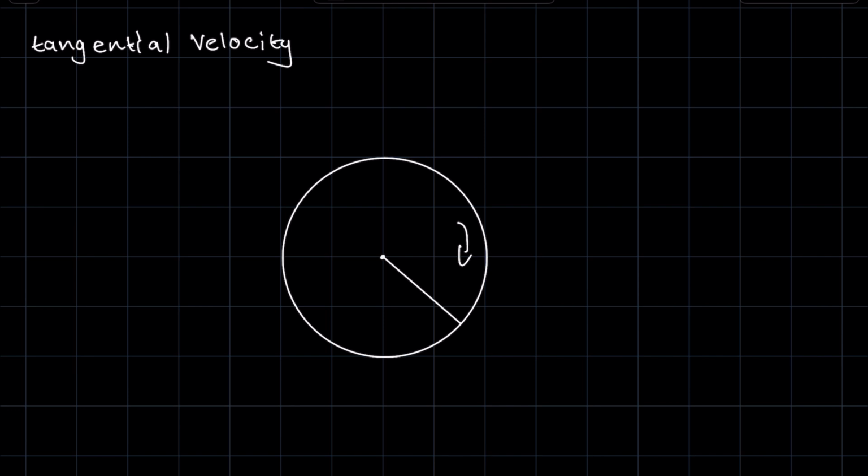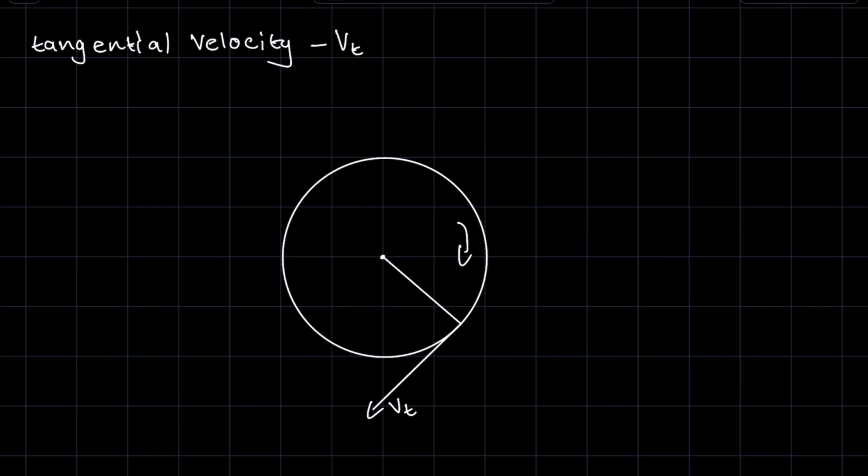In order to determine the velocity of this rotating body, we consider the tangential velocity. Tangential meaning tangent, so this velocity is tangent to the circle. Let's call it VT. So this would be the tangential velocity of this rotating body.